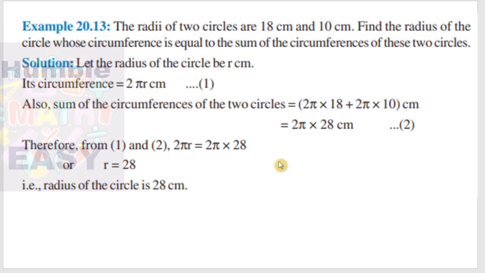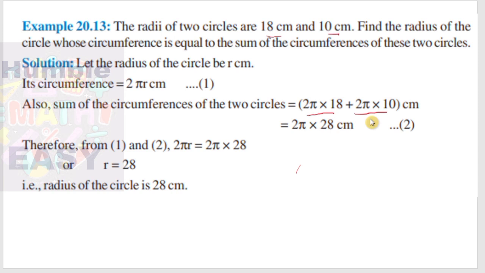We're going to find the radius of a circle whose circumference is equal to the sum of the circumferences of the two circles. So we're going to add up the first circumference, of the circle with 18 centimeters as its radius, 2 pi times 18, and then the other one, a circle which has a radius of 10, 2 pi times 10.